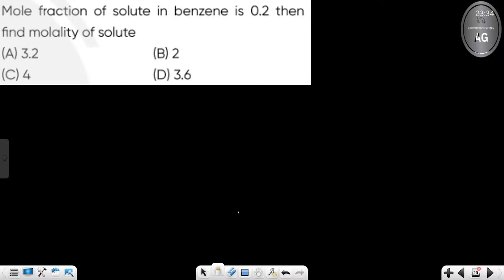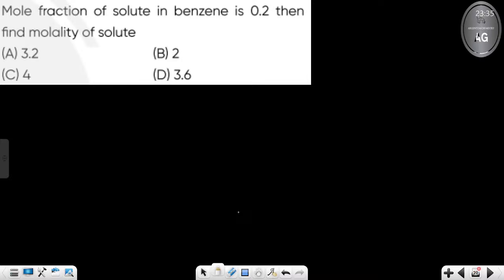The mole fraction of solute in benzene is 0.2. Then what is going to be the molality of the solute? If the mole fraction is given as 0.2, then what is going to be the molality of the solute?